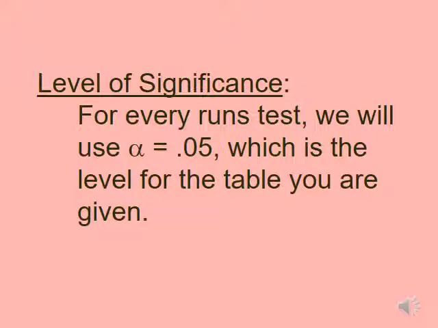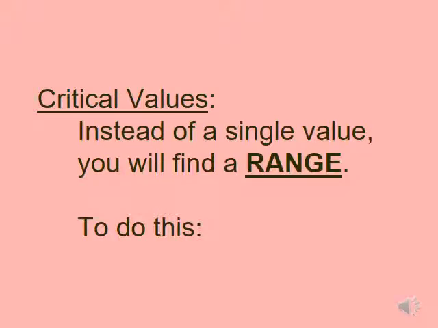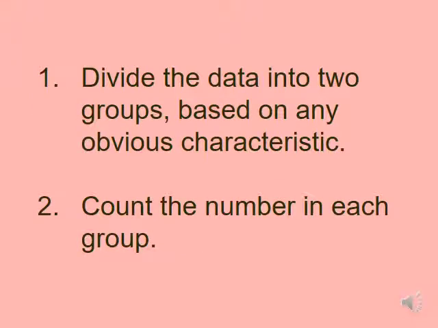You could do runs tests at other levels, but you'd need to get a different table to do it. Now what that table is going to give me is what we call a critical range. It's basically the numbers that would be good to be random, and they're not too big and they're not too small.